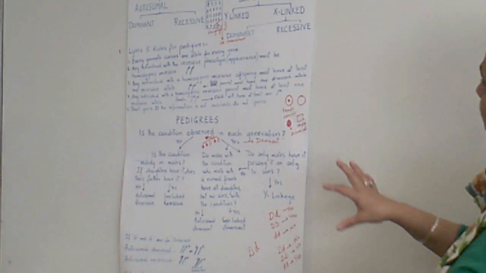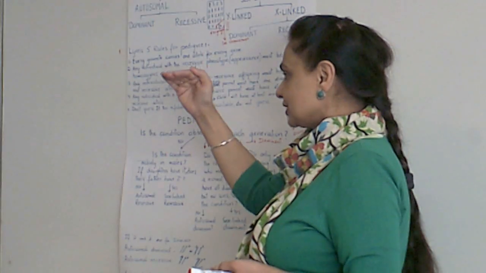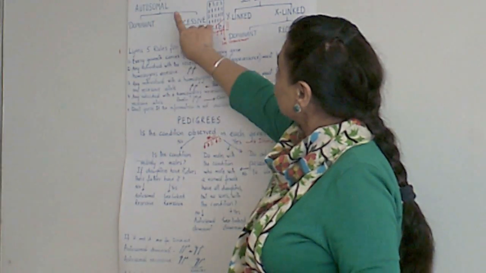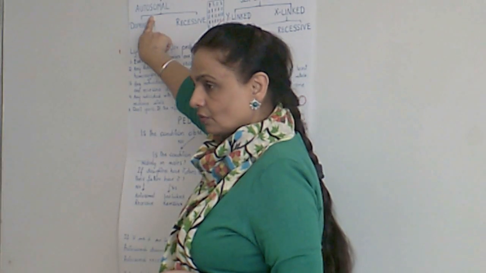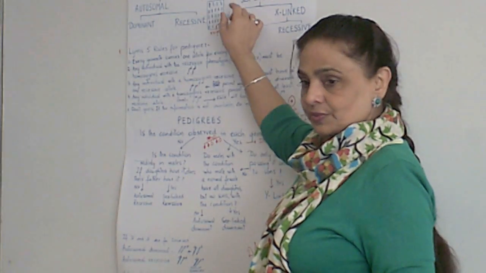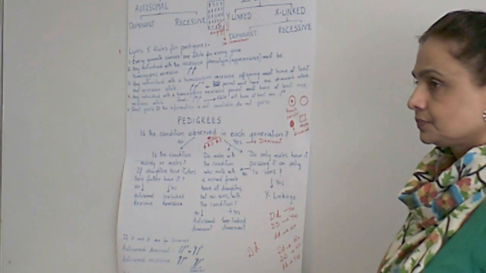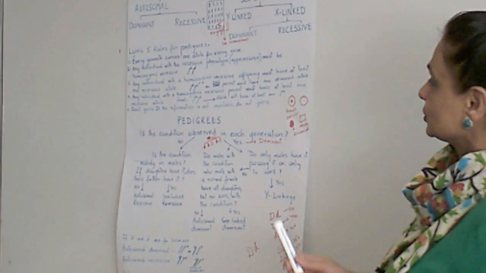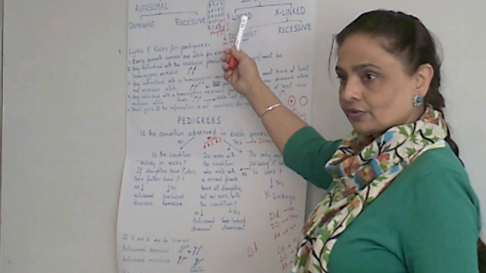Right? So to start with, when we look at inheritance, how the traits are inherited, we divide it into two different categories, and they are autosomal or sex-linked. What is the difference between them being autosomal and sex-linked? Yeah, so if it's sex-linked, it's carried by X or Y chromosome.